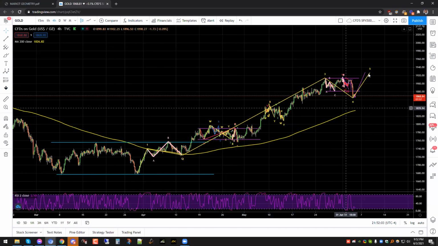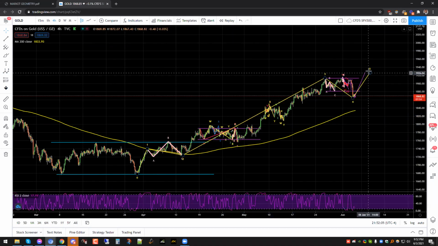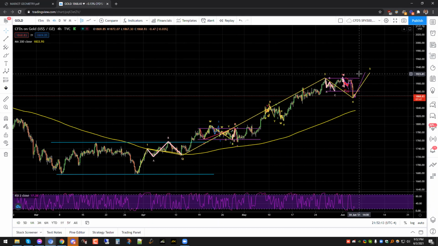Wave one and wave five are typically the same length, so we can use the price projection of wave one to project wave five. Wave five can also be a truncated wave. Wave five could potentially also be an extended wave, but wave three already is an extended wave, so wave five will typically be the same length as wave one. It's good to understand the Elliott wave theory so we can use market geometry the right way.